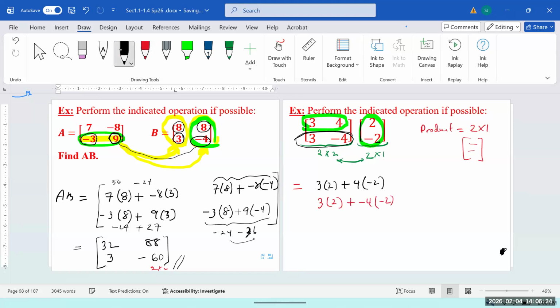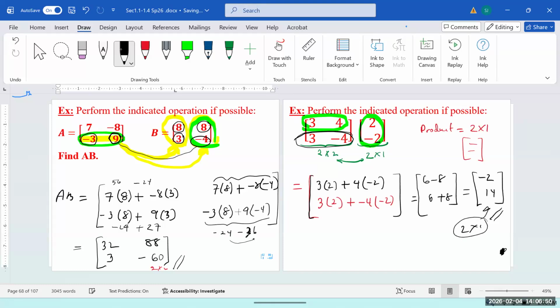Perfect. So let's see. We have 6 minus 8, and then 6 plus 8. So -2 and 14. Perfect. And the size is 2 by 1. So you got it.